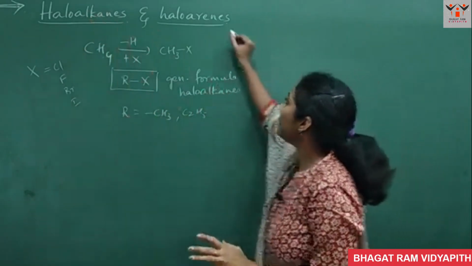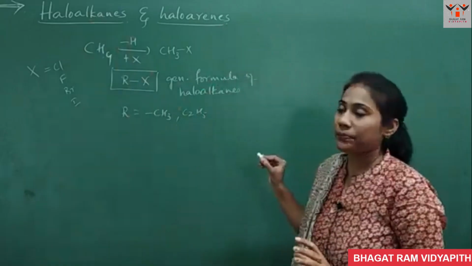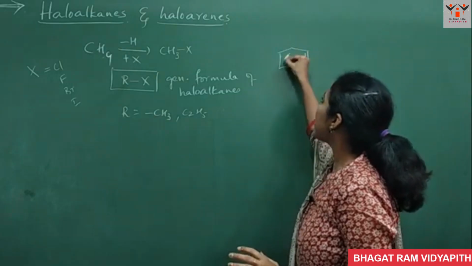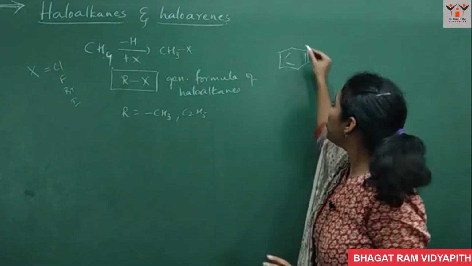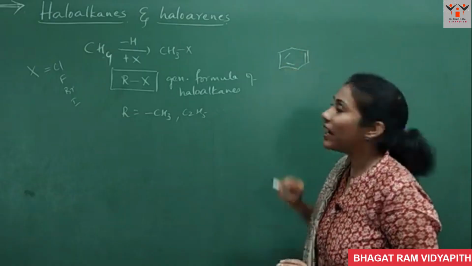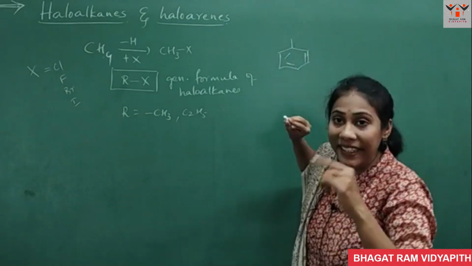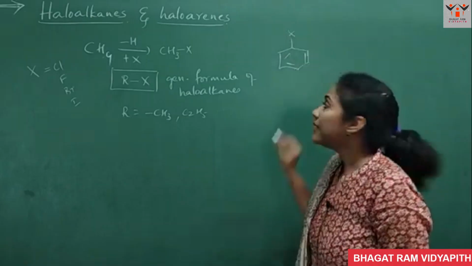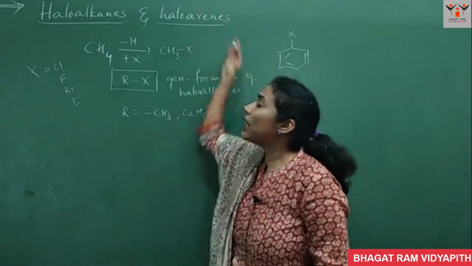And now what do we mean by haloarenes? Suppose this is our benzene, right? So you have one hydrogen atom at every carbon. I will replace any one of the hydrogen atoms with X. Then it becomes a haloarene.